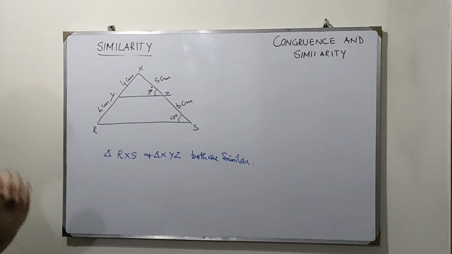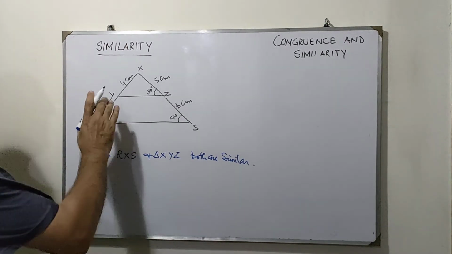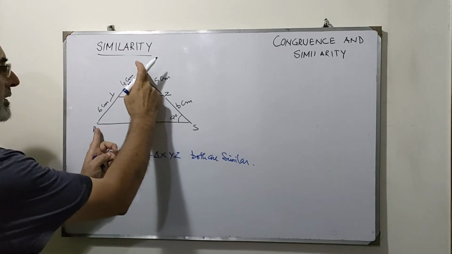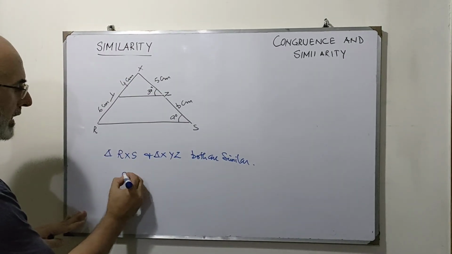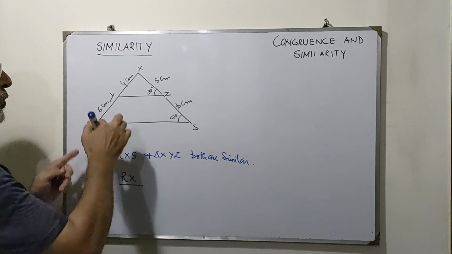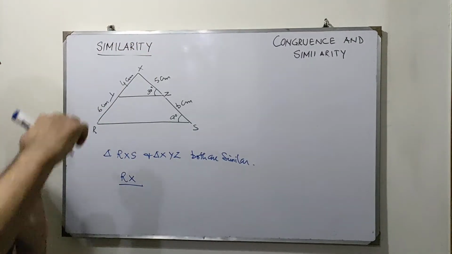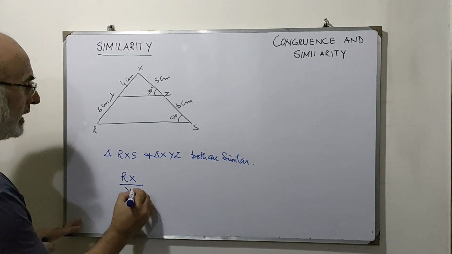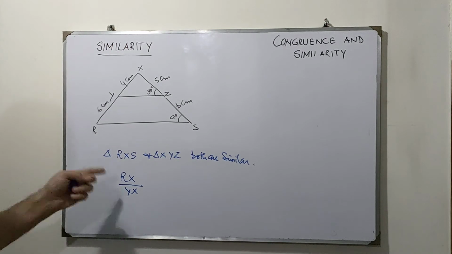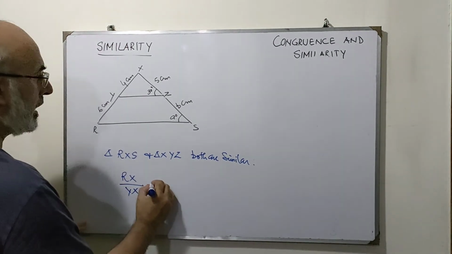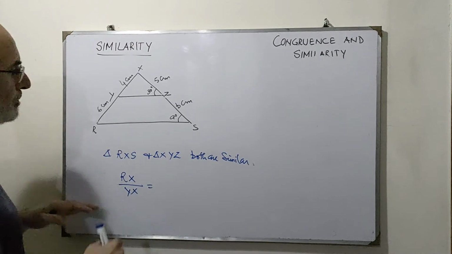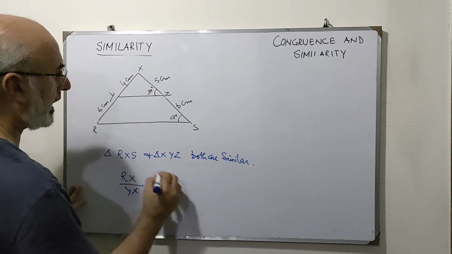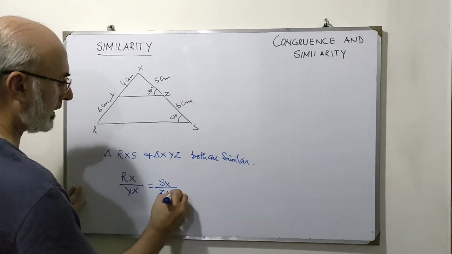It is pretty simple. Now, one is a big triangle and one is smaller. Comparing the side of the bigger triangle, which is RX, with the corresponding side of the smaller triangle, which is YX, X is common in both. And comparing with another ratio, we have SX with ZX.